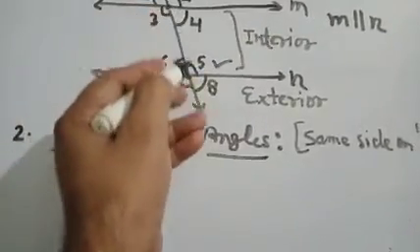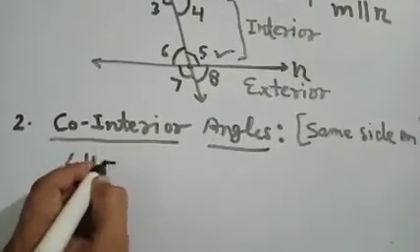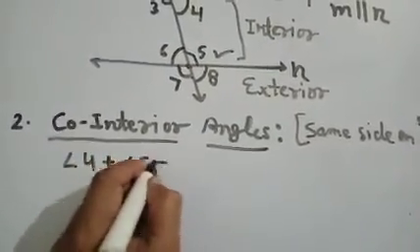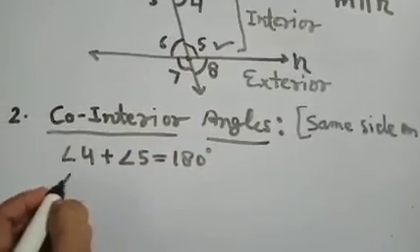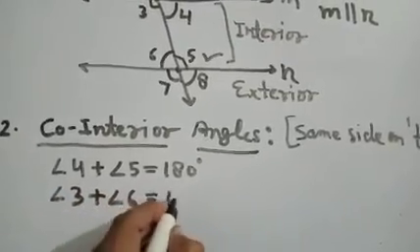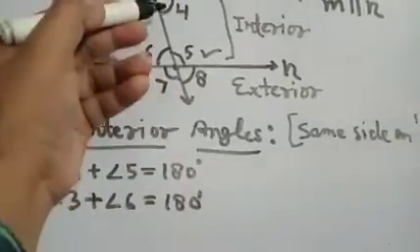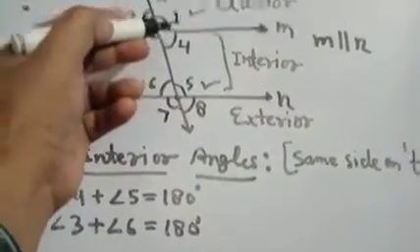These angles are on the same side of the transversal. Angle 4 plus angle 5 is equal to 180 degrees. And angle 3 plus angle 6 is equal to 180 degrees. So these two angles are on the same side but in the interior portion of the parallel lines.